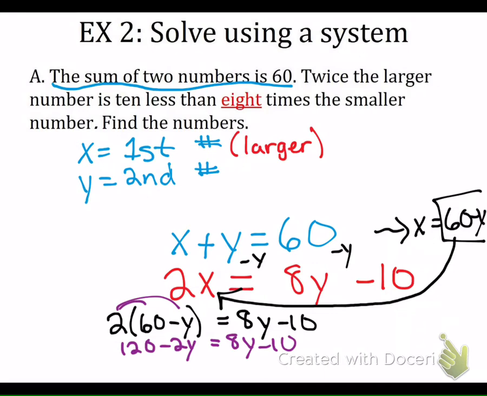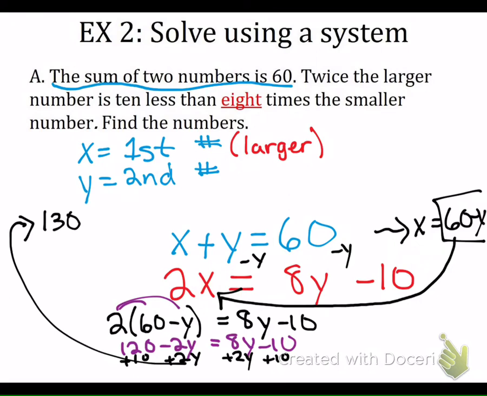All right, I'm going to do 2 steps at once. I don't recommend it, but I am out of space. I'm going to add 10 to both sides while I also add 2y to both sides. Everybody good? All right, so right over here, I'll have 130 equals 10y.